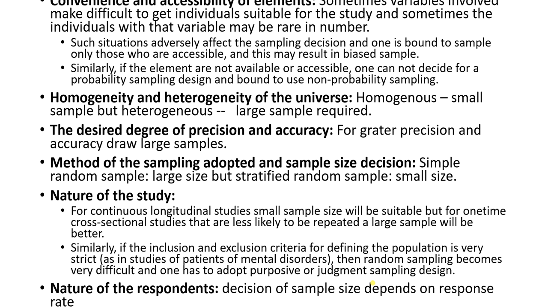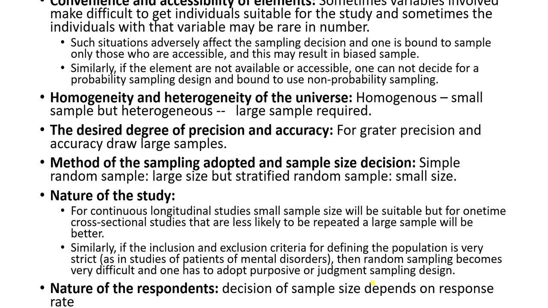But if the elements in the population are very heterogeneous in nature, then we will have to go for a larger sample, or we will have to follow a stratified random sample so that the heterogeneity can be well captured and we arrive at a more representative sample. There are other factors that you can see. Similarly, the desired degree of precision and accuracy. If we are interested in more precision, more accuracy, then we should go for larger samples.